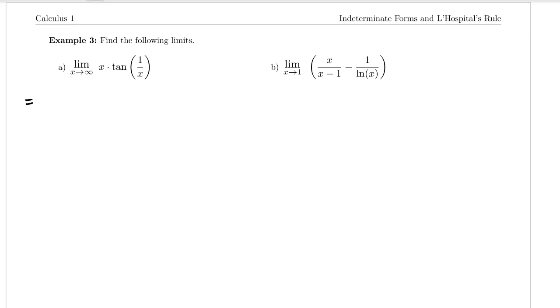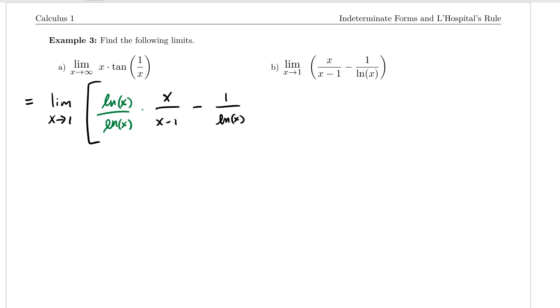So in this case, notice that we're subtracting two fractions, and I want to find a common denominator. So I'm going to rewrite my fractions. I have x over x minus 1, and I'm going to multiply that by the natural log of x over the natural log of x. This is in the effort to find a common denominator. My second fraction, I'm going to multiply by x minus 1 over x minus 1.